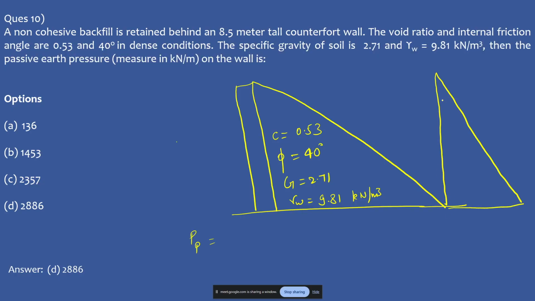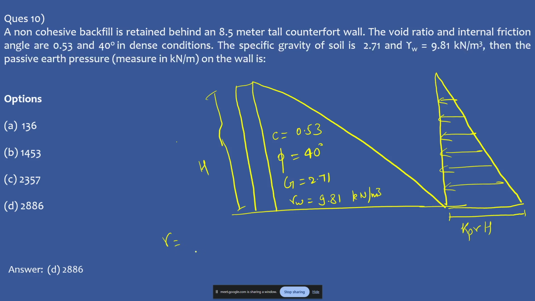This earth pressure will act on the retaining wall, and the maximum earth pressure at the bottom is given by Kp into gamma into H, and this is your H. The required gamma is not available with us, so we'll use the initial formulas. Your gamma can be calculated. There is no water table, so we can use the dry unit weight.